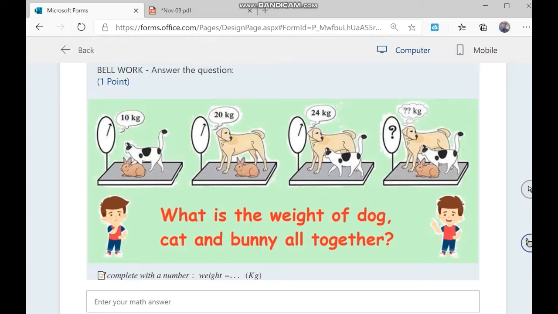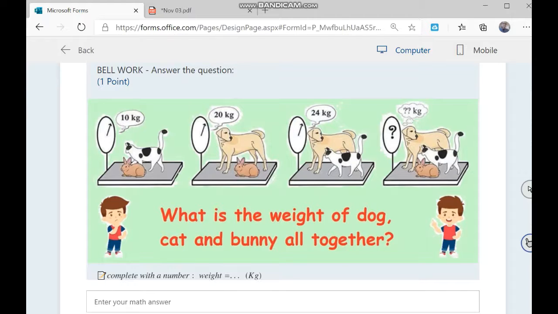And the bell work here is a classic brain teaser, a classic puzzle. And we have the scale. First, we're going to have the weight of the bunny and the cat, and then the weight of the bunny and the dog, and then the weight of the cat and the dog.